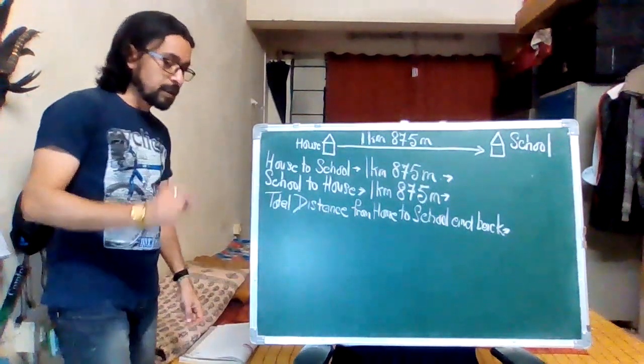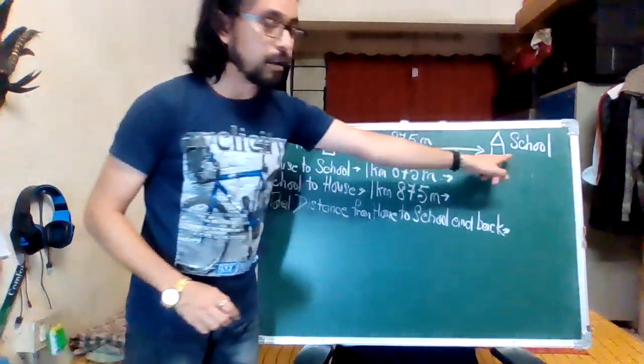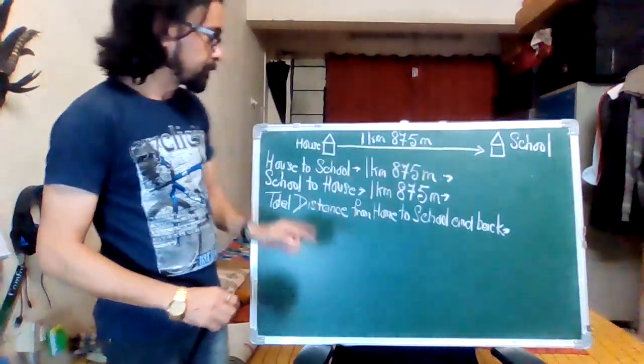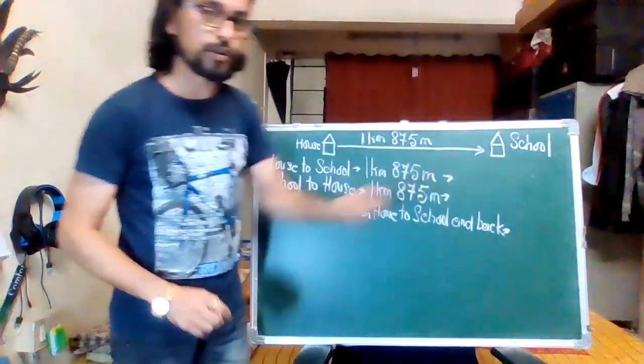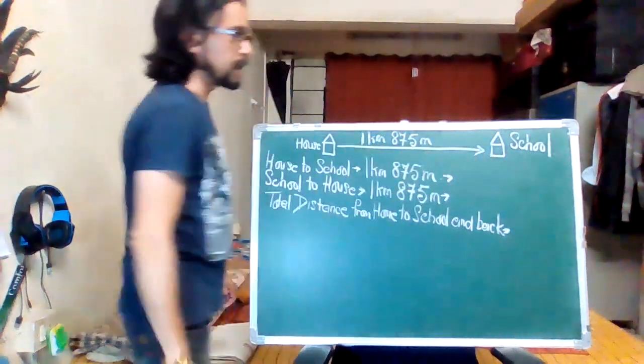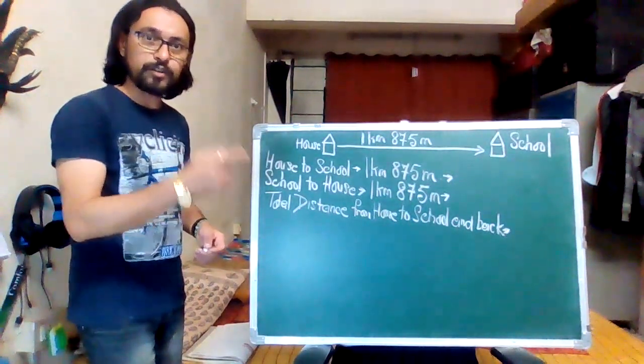Now, what they mean to say out here is that a girl is traveling from her house to her school. All this will be drawn and written by you in your notebook. Make a small house here, make a small school here. So from the house to the school, she's traveling 1 kilometer, 875 meters. Now, when she goes to school, she has to return back home.